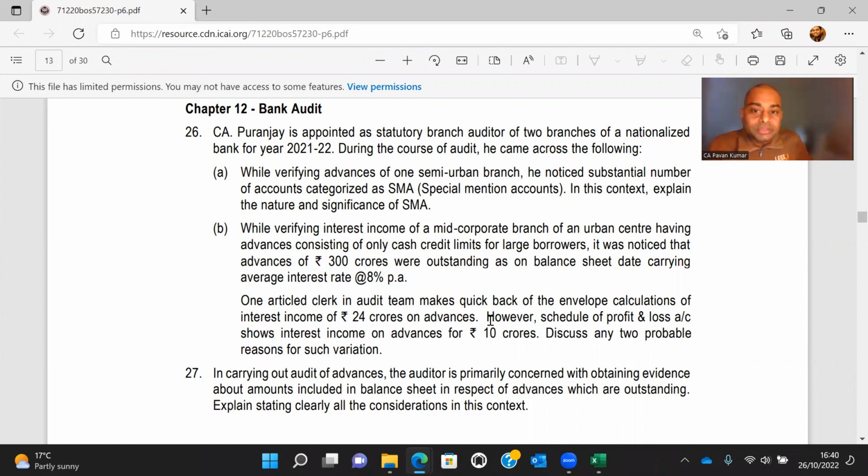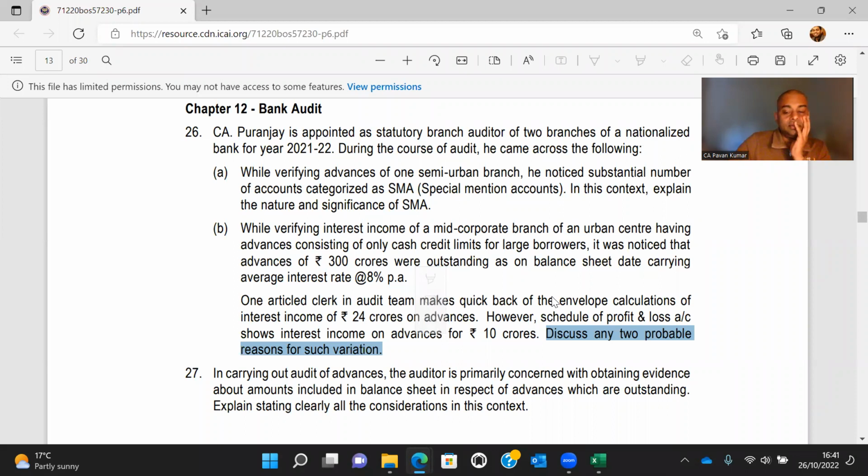So your calculation is 24 crores, but in the books of account, in P&L, there is only interest income of 10 crores. Discuss any 2 probable reasons for such variation. 10 crores is not fraud. 10 crores is correct. Why is there a difference? What can be the probable reason? That is the question.